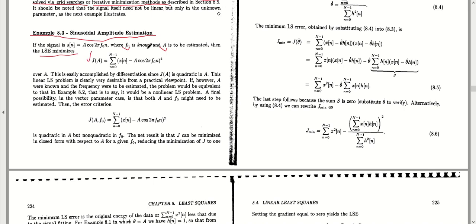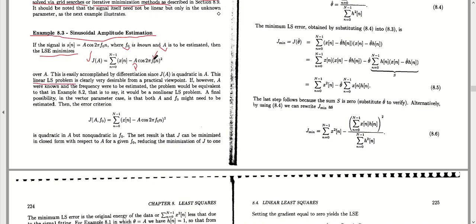But we have to know what is known and what is unknown. This is known. This is unknown. So this is easily accomplished by differentiating J(A), which is quadratic in A. This is a linear LS problem.